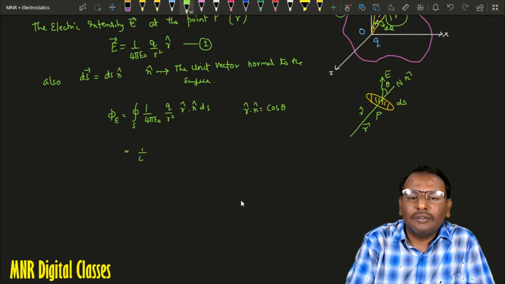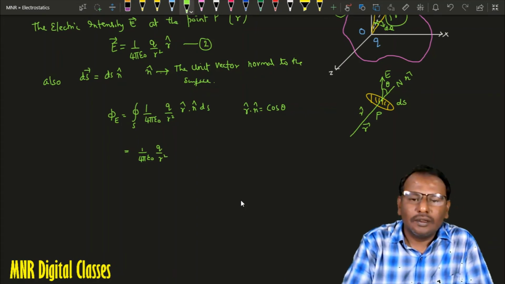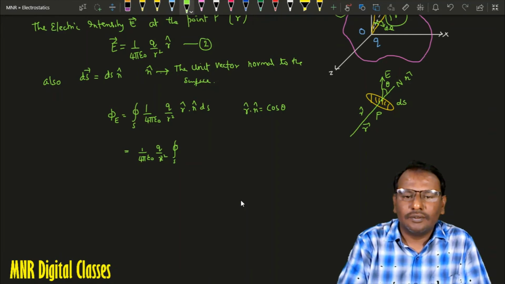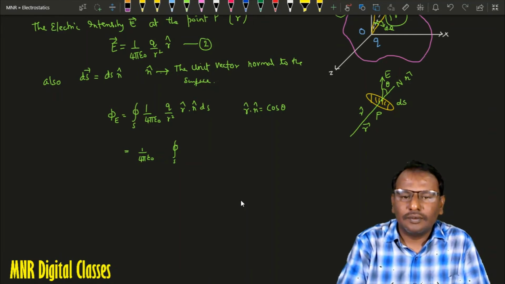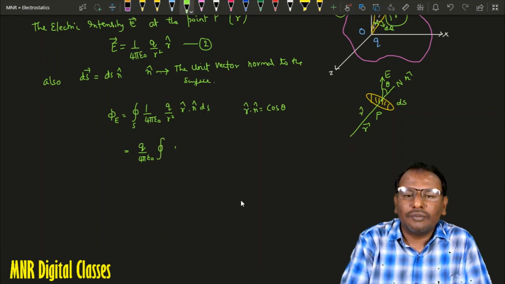So we can write this as, take the common terms, 1 by 4 pi epsilon naught q by r square, take it outside, into surface integral of, q divided by 4 pi epsilon naught into surface integral of ds cos theta divided by r square.